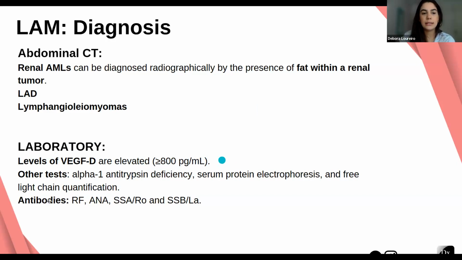We can also order other tests for differential diagnosis: alpha-1 antitrypsin, serum protein electrophoresis, free light chain quantification, and some antibodies to exclude any rheumatological disease.